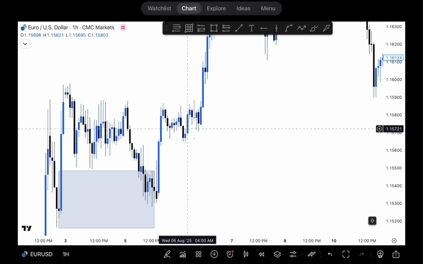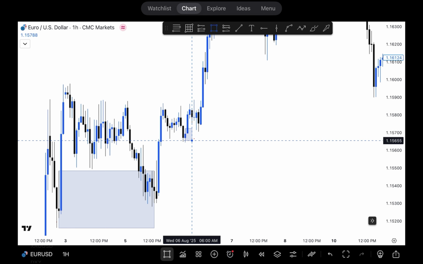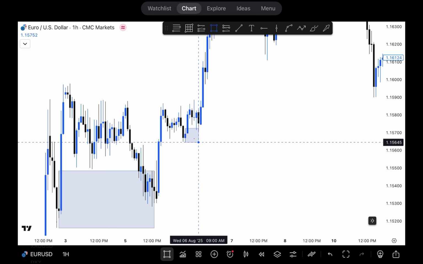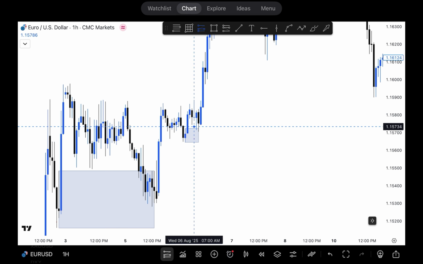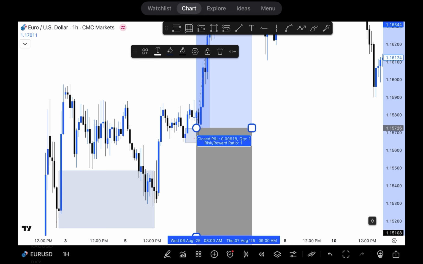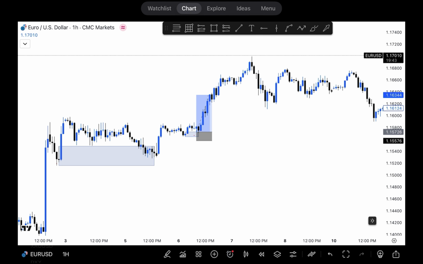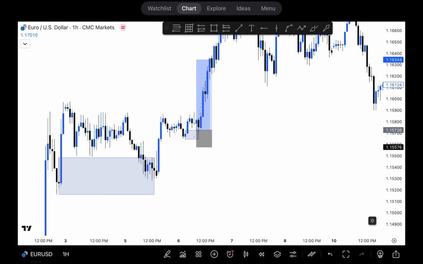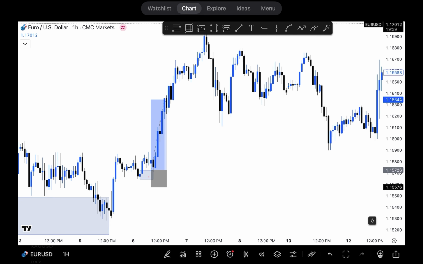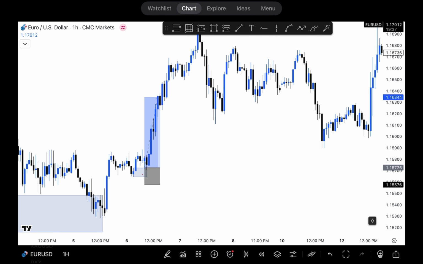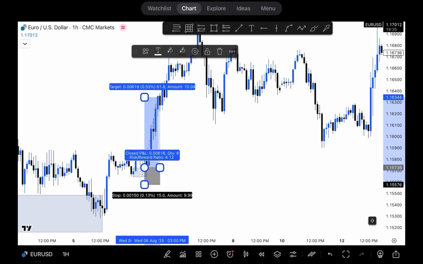So when price eventually came back into the demand candle right there, see what happened? Price gave us a sweet entry, and that would have been it. Easy and straightforward, right? So let's try to look for another one.